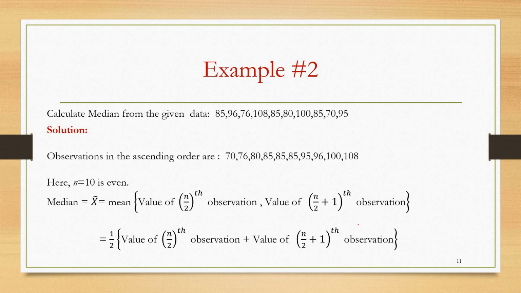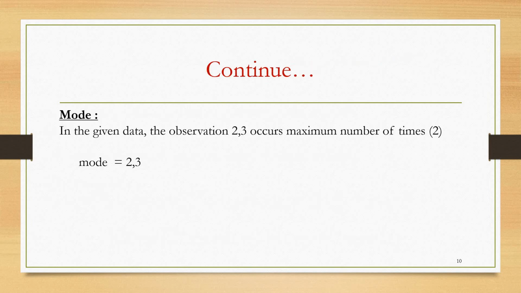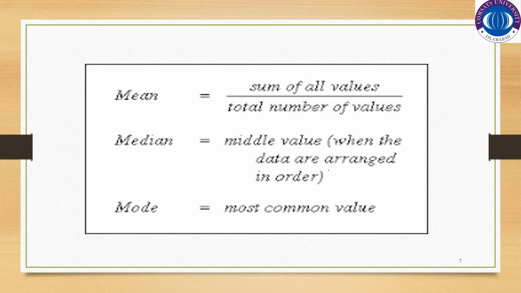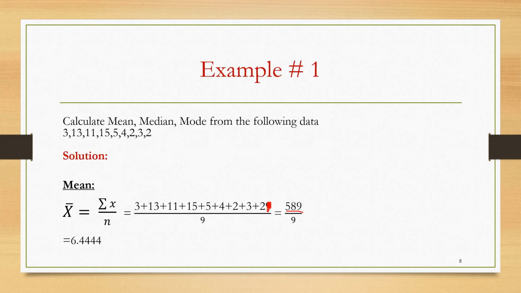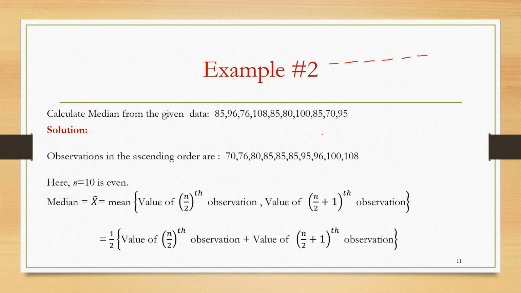How is this formula applicable? Let's suppose we have 6 observations. As we have said, median is the middle value when the data set is arranged. Now, what is the middle value? This is the middle of this data set. And how will we get this middle?